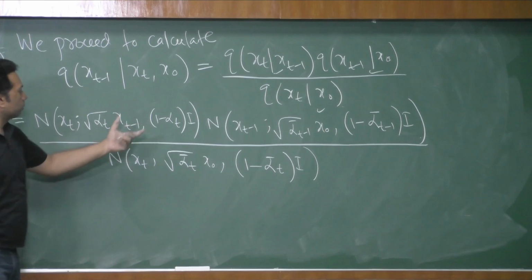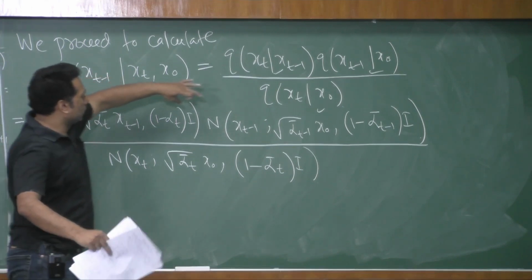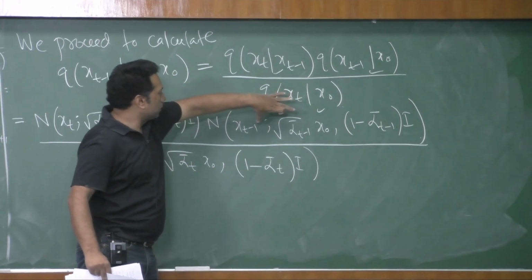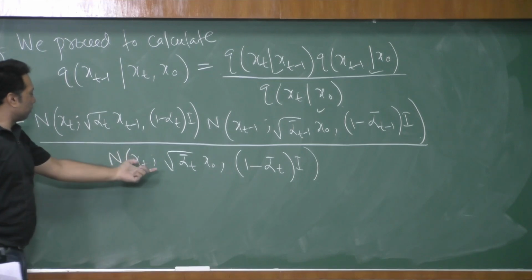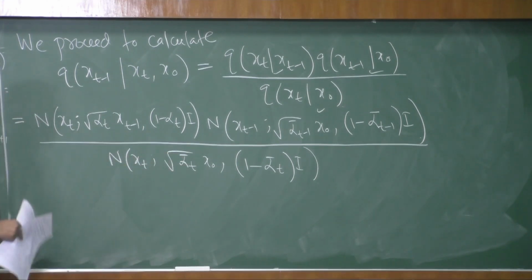Since these are exponentials, the powers can be accumulated, so it will be x minus this plus xt minus mean of this, plus or minus xt minus mean of this. This is what we are going to do.